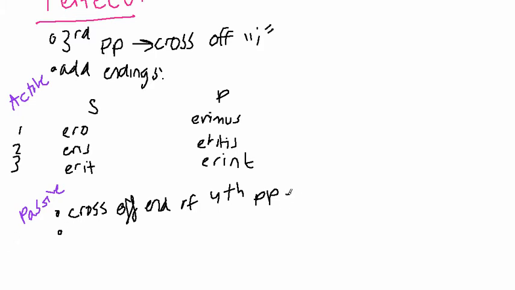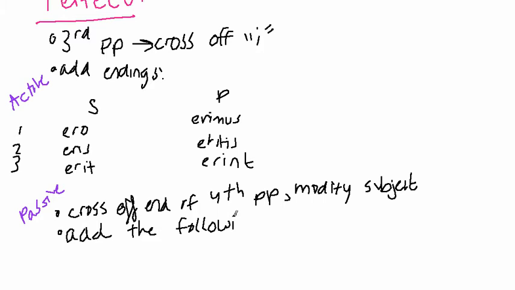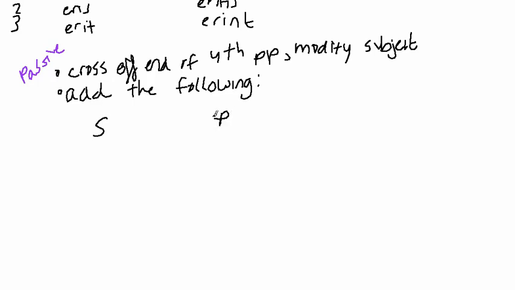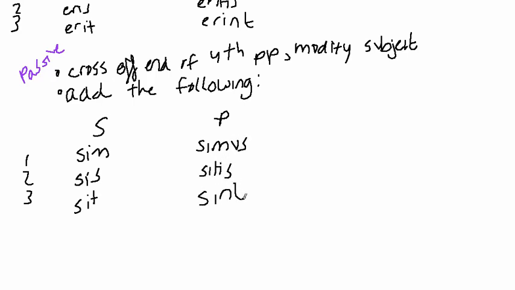So you make the ending modify your subject, and then you make it accompany the following. It's two separate words. Singular, plural, 1, 2, 3: sim, sis, sit, simus, sitis, sint. Okay, so there you have it. That's how you form all four subjunctive tenses.